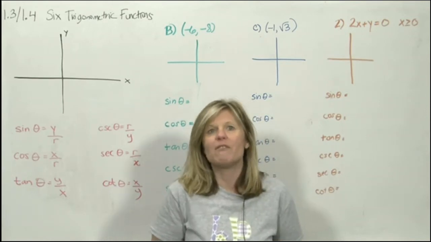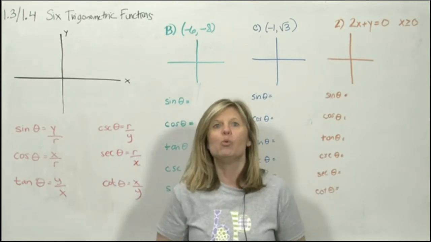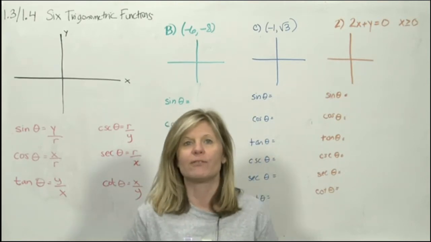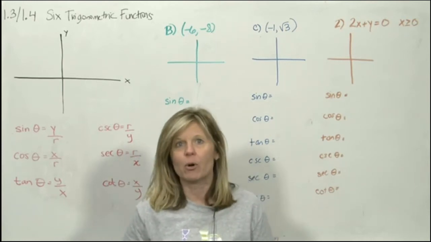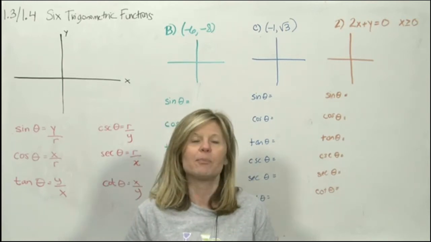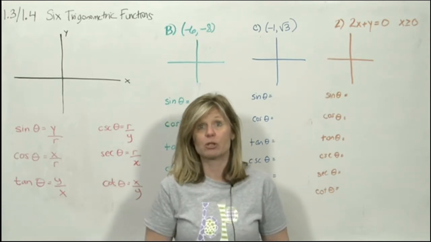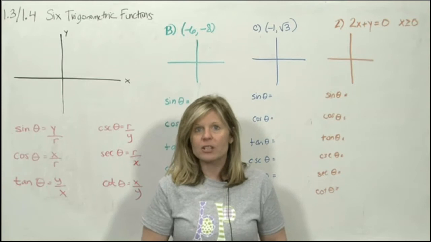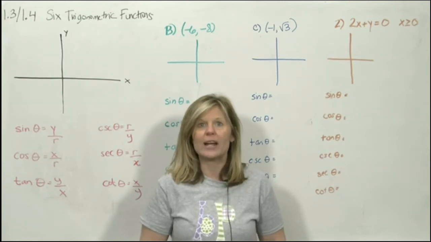For example, they only gave you 1 angle and you couldn't find the other 2. Or they gave you 1 side of the right triangle and you couldn't find the other 2 because you didn't have enough information to use the Pythagorean theorem, or to add up the angles to make 180. That's the need for trigonometry. So trigonometry, the definition, is the study of triangles. And we start out with the right triangle.